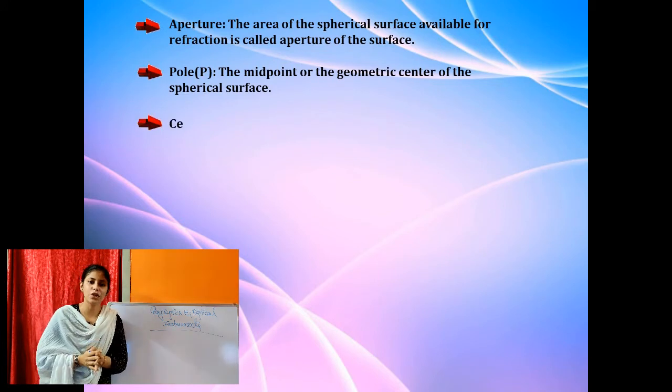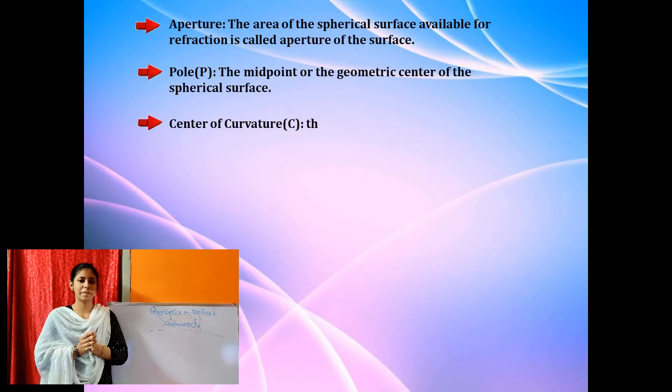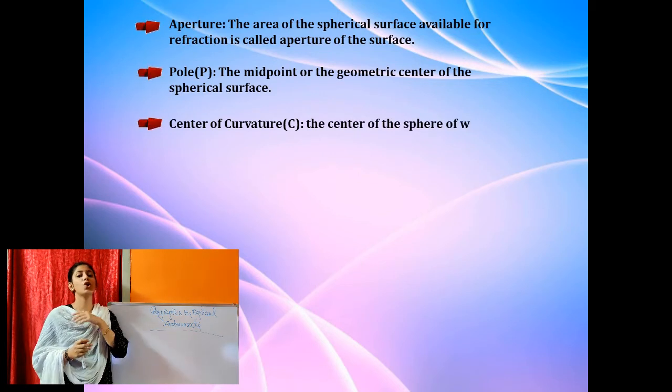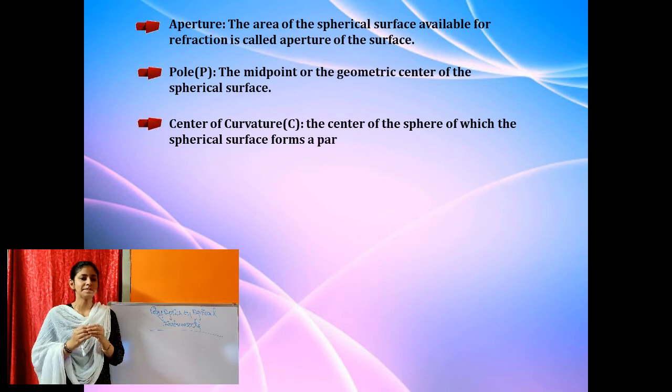Next is the center of curvature. It is represented by C, and it is the center of the sphere of which the spherical surface forms a part.